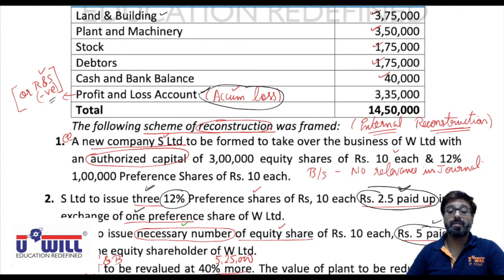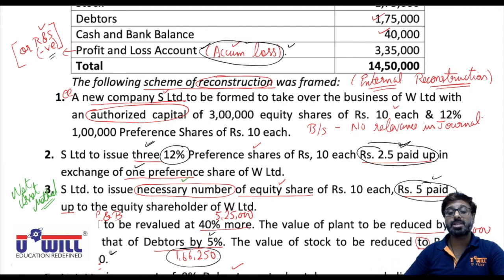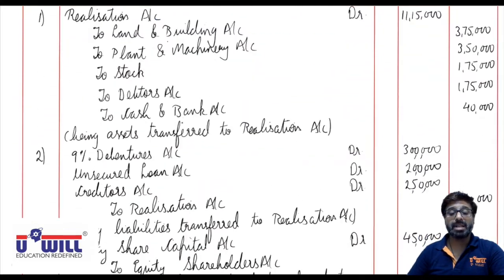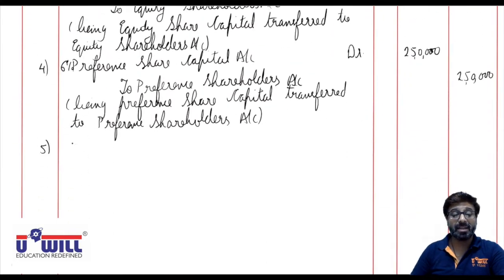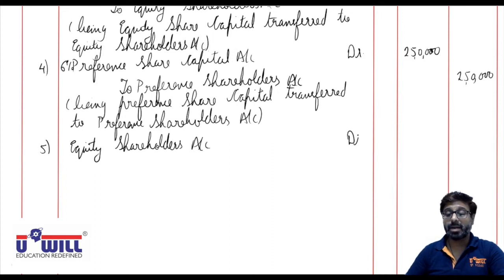So for this reverse entry, equity shareholders have to bear this loss. So equity shareholders account debit to profit and loss 3,35,000.